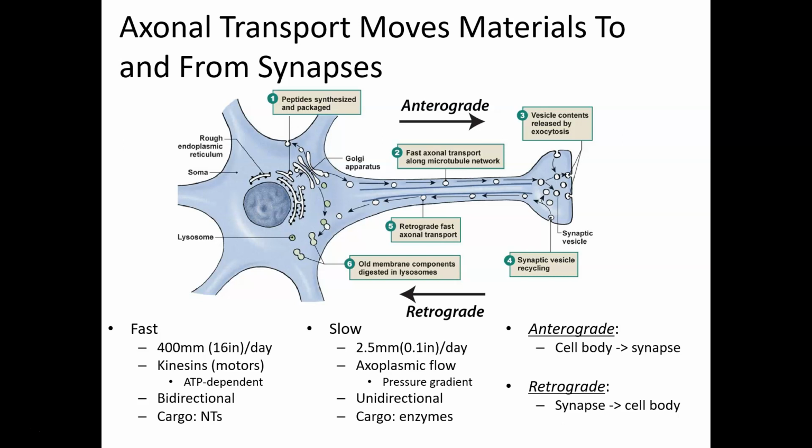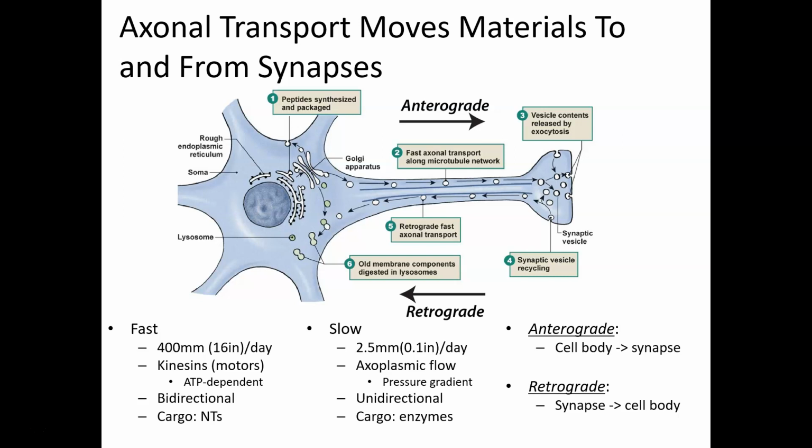Just to kind of look at the relative changes, if you took that person that had a 3-foot axon from the spinal cord to the big toe, and you use fast axonal transport, it would take a little over 2 days to move material from one end to the other. For slow axonal transport, it would take almost an entire year. So there is a very big difference between that.